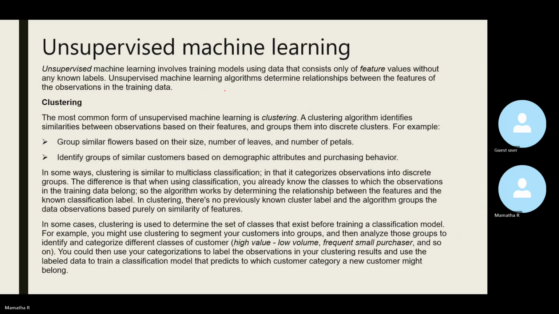Here, when we talk about unsupervised machine learning, we know it has only the clustering type. When we have clustering types, we should remember that we have only features without the labels. Unsupervised machine learning algorithms determine the relationship between the different features available in our bucket.